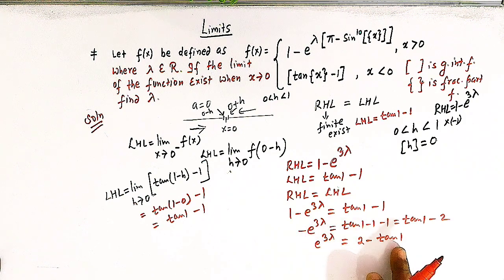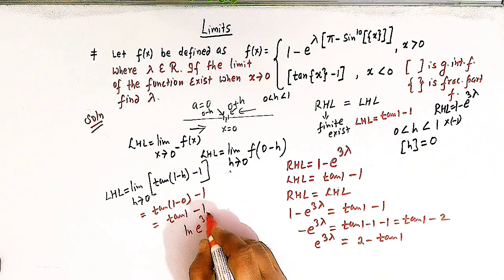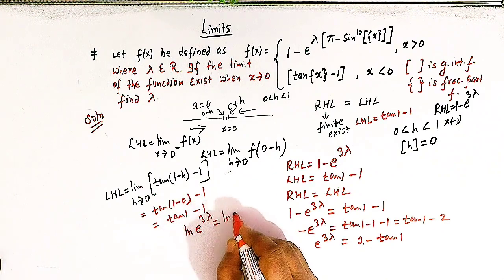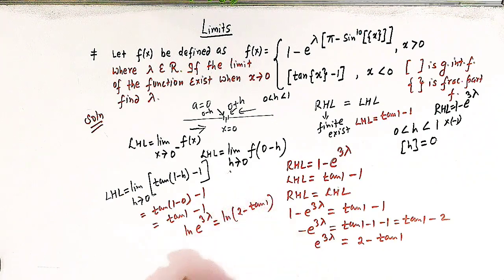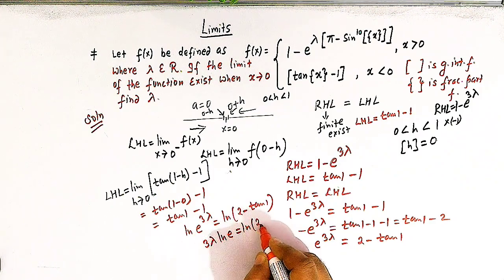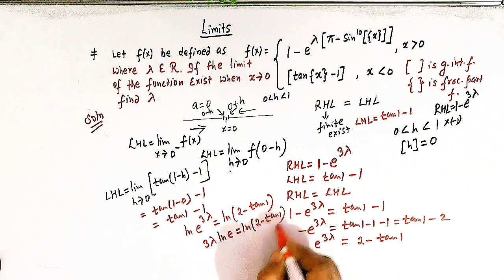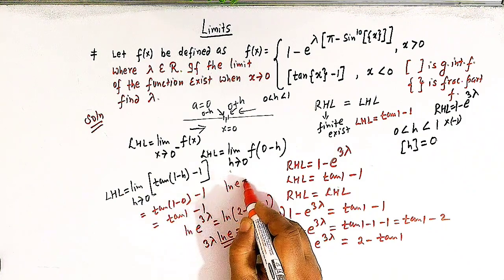So now taking the natural log of both sides, we have log of e raised to 3 lambda equal to log of 2 minus tan of 1, and this is 3 lambda log of e equal to log of 2 minus tangent of 1, right? So log of e is equal to 1.